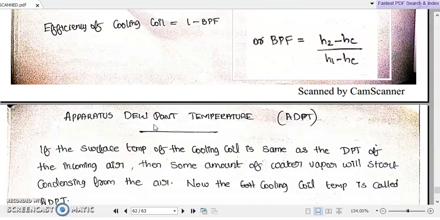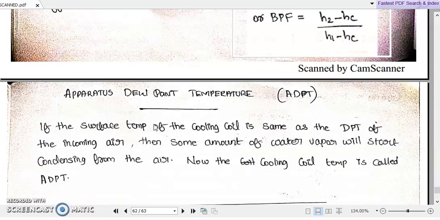Then, at the start of today's discussion, there was a term coming up: apparatus dew point temperature, or ADPT in short. The explanation is very simple. If the surface temperature of the cooling coil is the same as the dew point temperature of the incoming air, more or less, then some amount of water vapor will start condensing from the air, the excess water vapor corresponding to that dew point temperature.